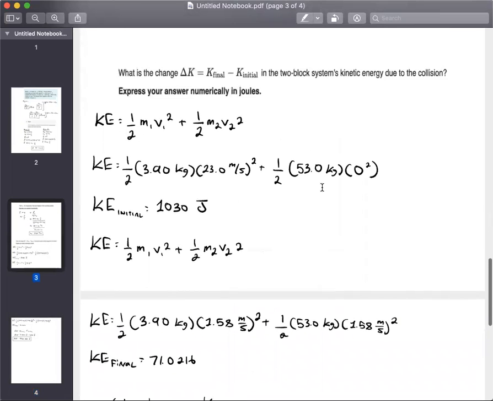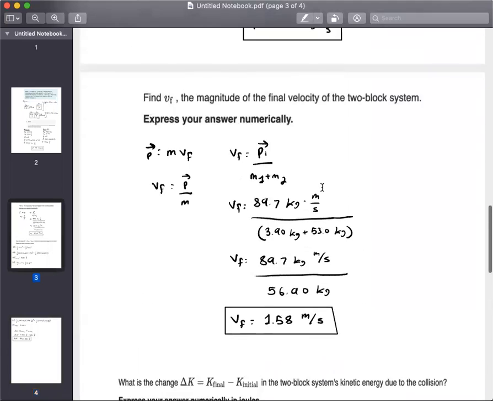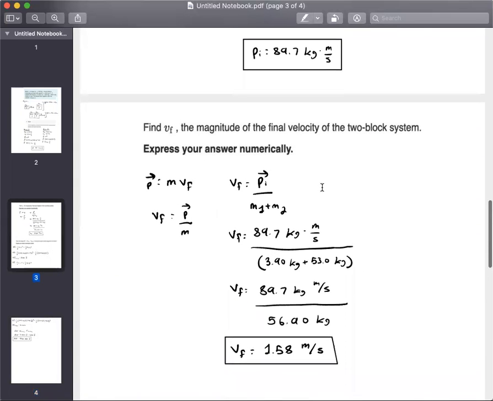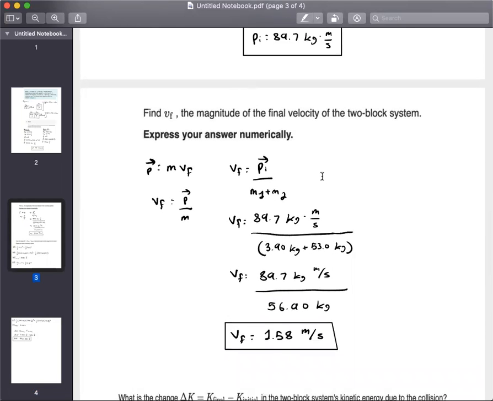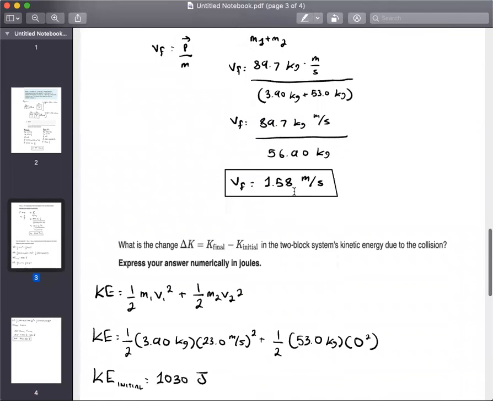Something that I think is tricky about this problem personally is remembering when to use which variable, particularly making sure to add the two masses together to get the mass of the entire system, versus calculating the final velocity for only one of the blocks. It's important to remember to use both masses so we can do the correct calculation.